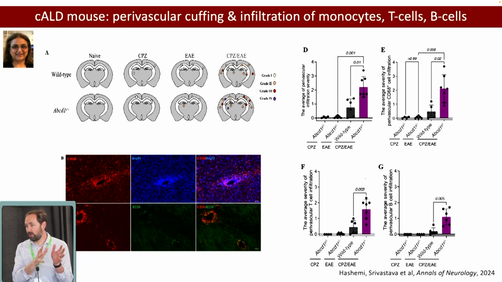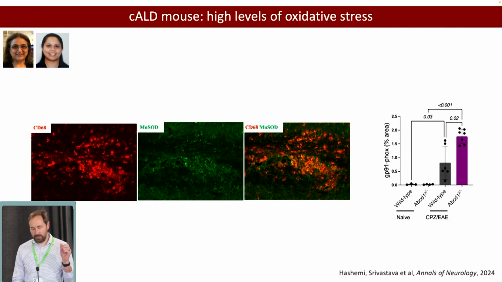They're highly involved in the process to begin with, and then they send out signals that bring in more immune cells, called T cells and B cells and other cells. And these are not present in most MS models either, and so we were excited to see them in our ALD model because that is present in real ALD tissue. So we're getting a wide spectrum of things that we think replicate disease.